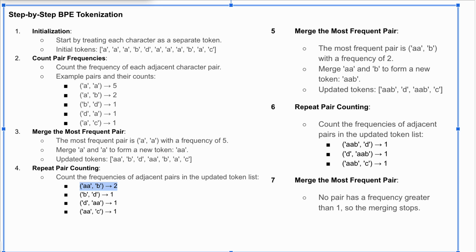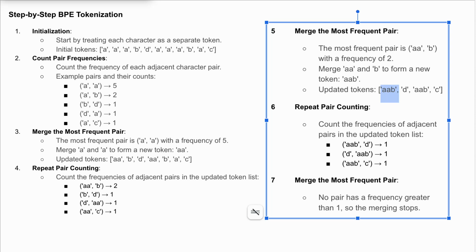This gets merged to AAB, and then you have D which can't be merged, and then the same AAB and then a C. Now you repeat the same step again. You see that the count of all these nearby tokens is just one. So this can't be compressed further, and this is how the algorithm stops.